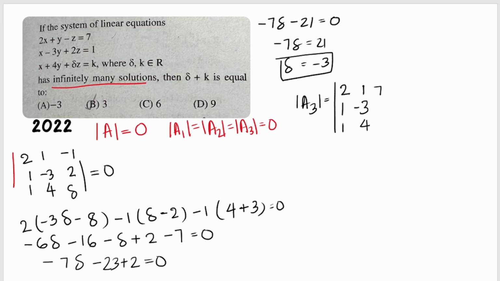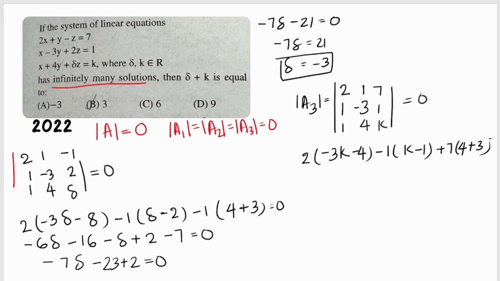Then you have 7, 1, k. Equating with 0. 2 into minus 3k minus 4, then you have minus 1 into k minus 1, then you have plus 7 into 4 minus 1 into minus 3, plus 3 equals 0.